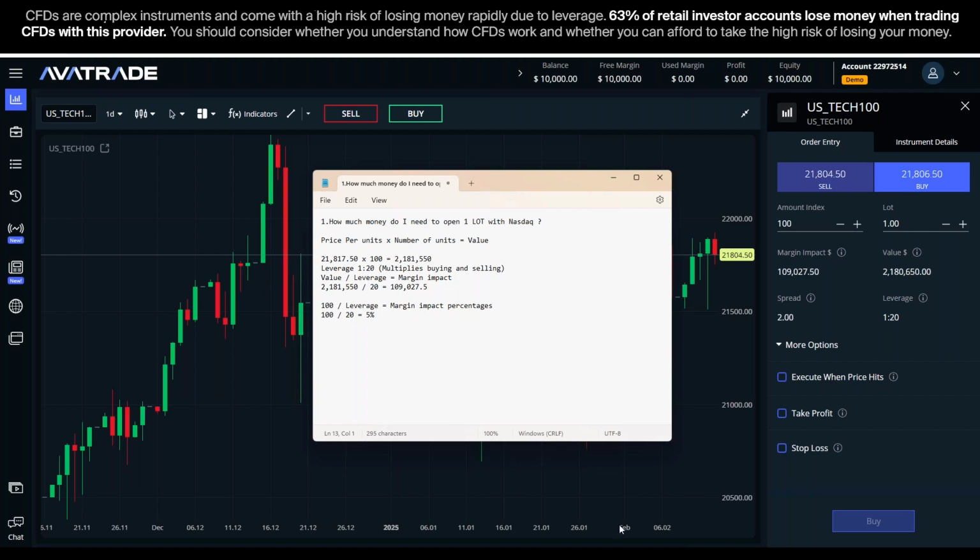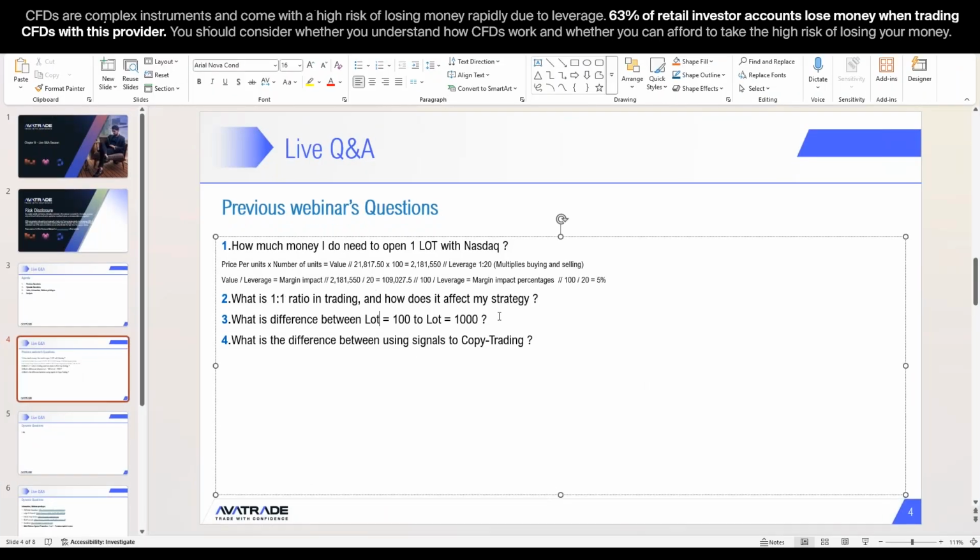Okay, and our second question here is: what is a one-to-one ratio in trading and how does it affect my strategy? Well, let's take that question and paste it like this.